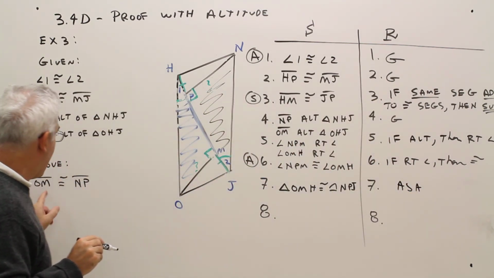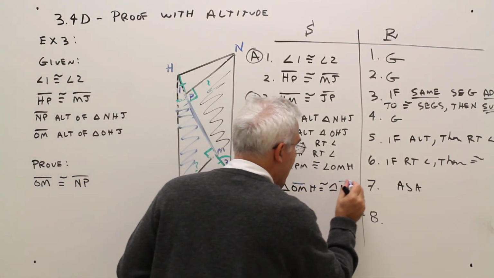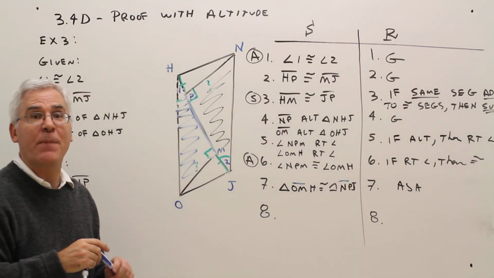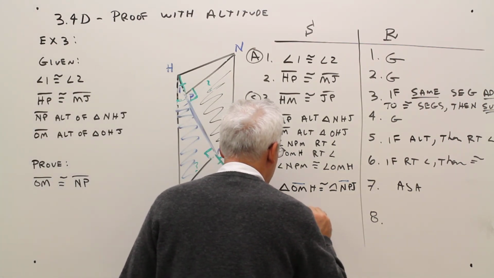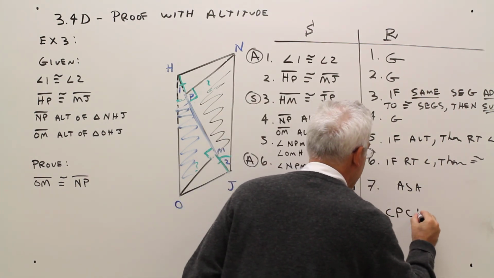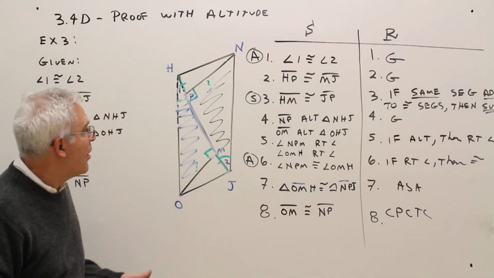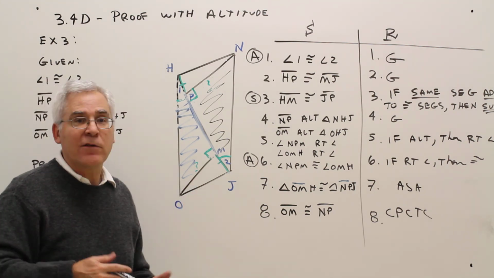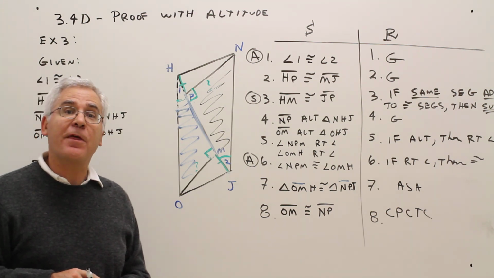And then I think I can get OM, first 2 letters, to NP, first 2 letters, by CPCTC. So now OM is congruent to NP by CPCTC. I understand there's a lot going on here, but just practice, practice, practice would help. So there you have it, a proof with altitudes.